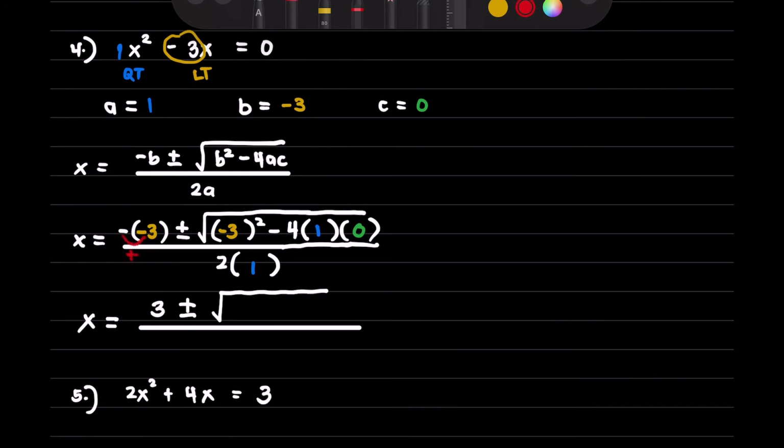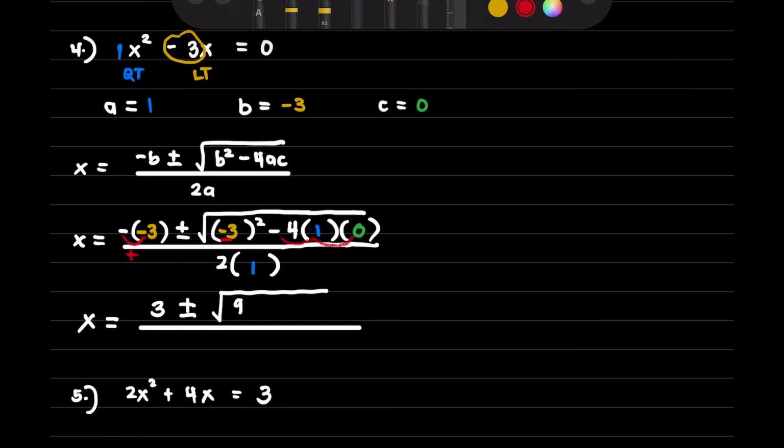So, what is 3 squared? Negative times negative. That's positive. 3 times 3, that's 9. So, positive 9. Next is negative 4 times 1 times 0.